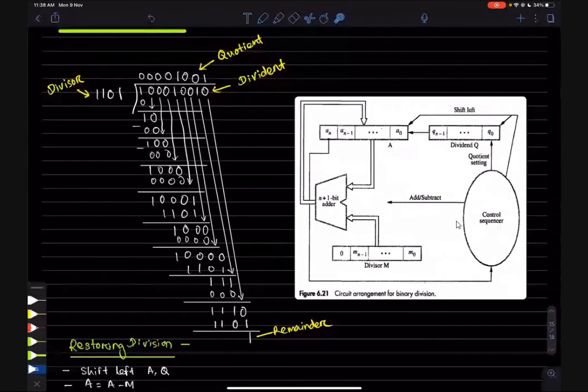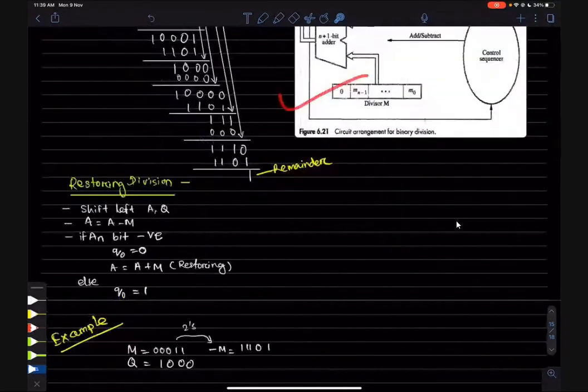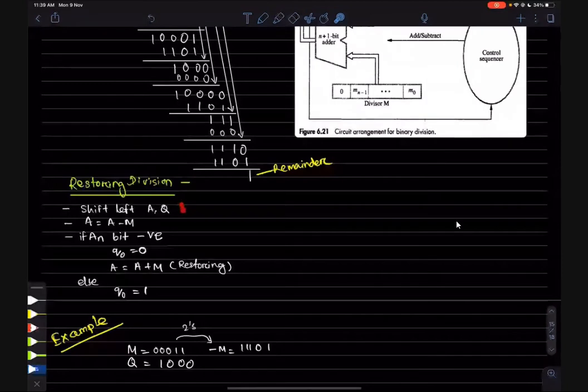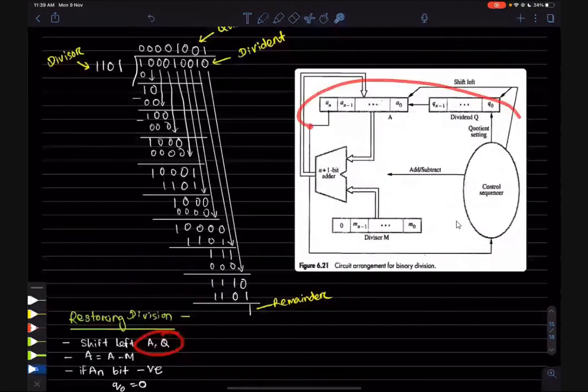Next we have to do addition or subtraction. We will see how to do this, and also you have to check what is Q0. All those things we will see how to do using this circuit. So let's see the algorithm. The algorithm says that the first step is shift left A and Q. Shift A and Q to the left side. What is the meaning?